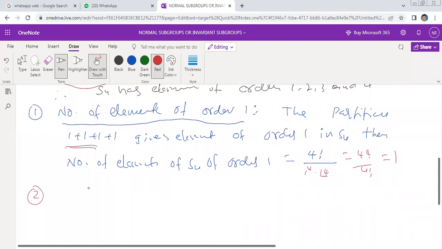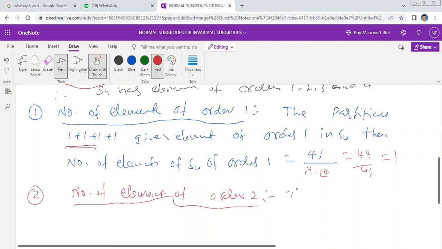Suppose I want to find number of elements of order 2 కావాలి నాకు. Number of elements of order 2 in S4. S4 లో ఉన్నటువంటి order 2 ఉండే ఎలిమెంట్స్ ఎన్ని ఉంటాయి? మన క్వశ్చన్ అడుగుతాడు, నెంబర్ ఆఫ్ ఎలిమెంట్స్ ఆఫ్ ఆర్డర్ 2 in S4, 5 or 6 or 7 ఆప్షన్స్ ఇస్తా ఉంటాడు. You look here, what are the partitions of 2?